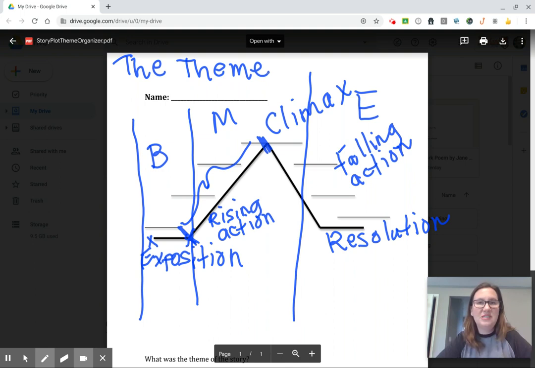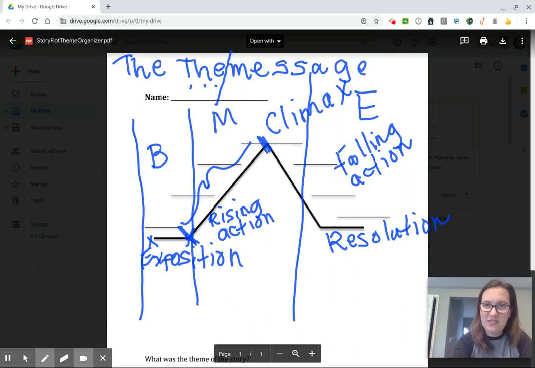So sometimes it's a message about friendship. Sometimes it's a message about love or respect of others. It just depends on the type of story. One way I remember what the word theme means, if I look at the word theme, I'm going to break apart the word the. Do you see how it says T-H-E, the? And then I'm going to go ahead and add to this the message.